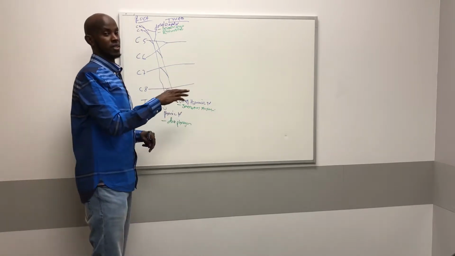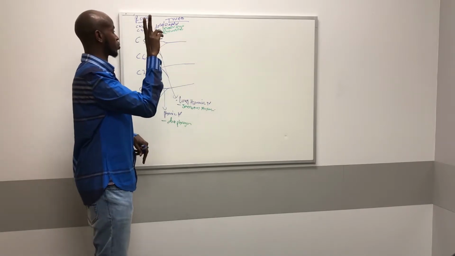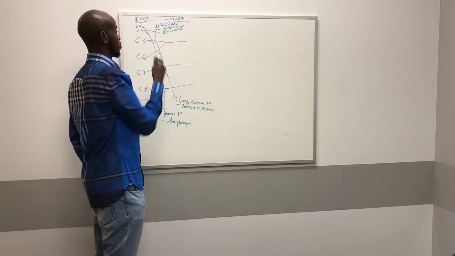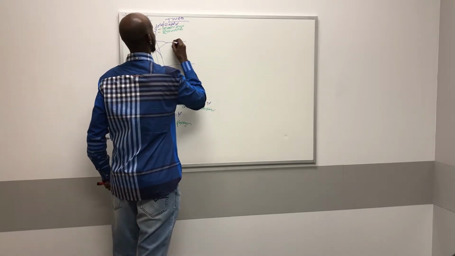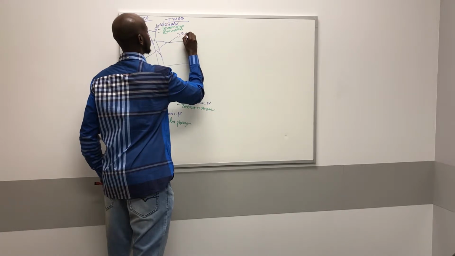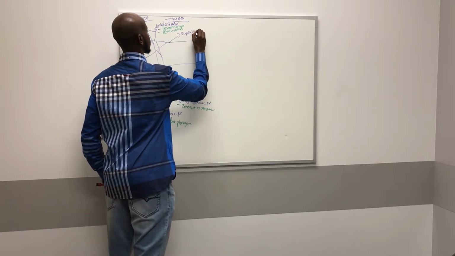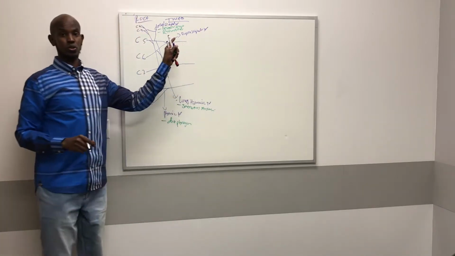There are no branches that come off from the middle trunk or the inferior trunk. There are only two short branches, and both come off from the superior trunk. The first one is the suprascapular nerve.